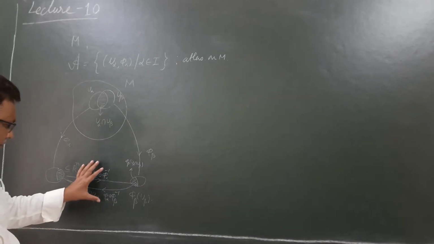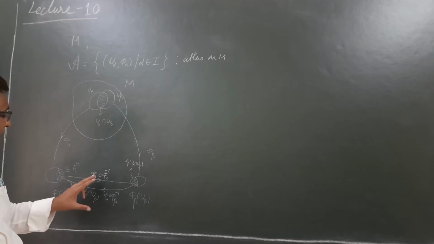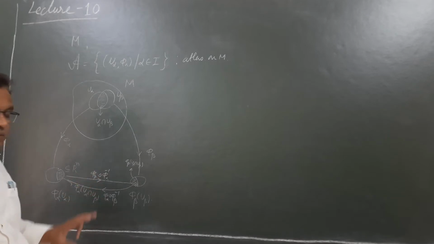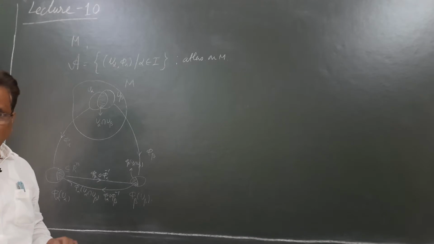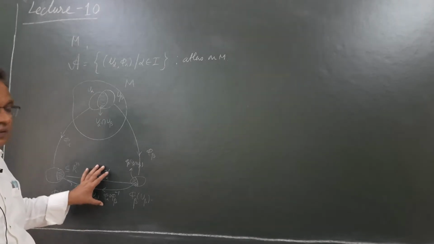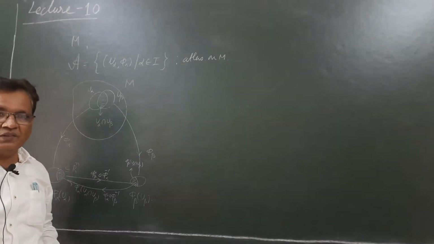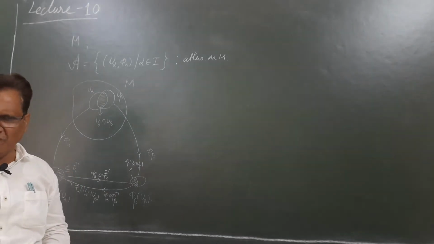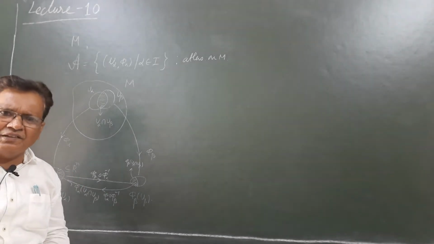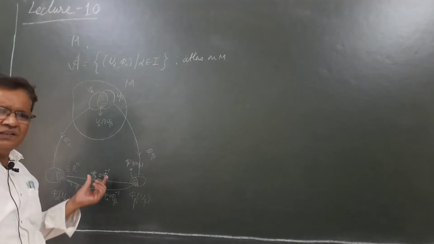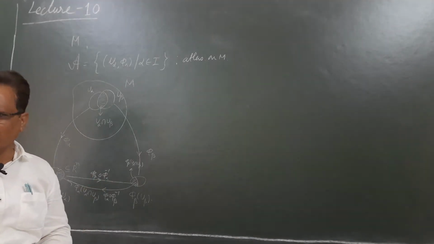What we are asking ourselves is when these maps are differentiable. If they are differentiable, our atlas A will be an important atlas, a special atlas. We do not expect that every atlas has this property.